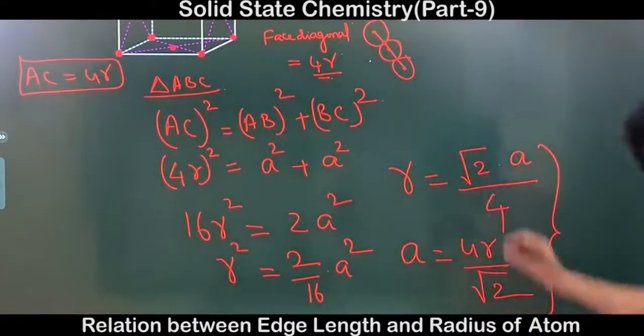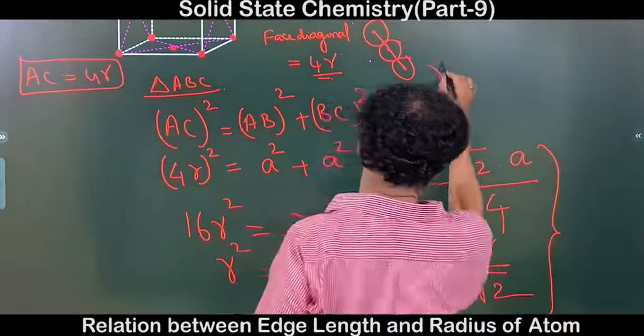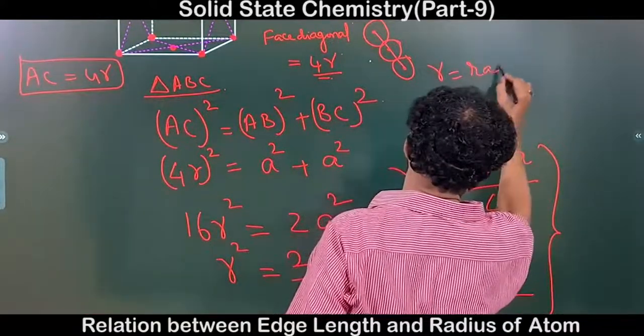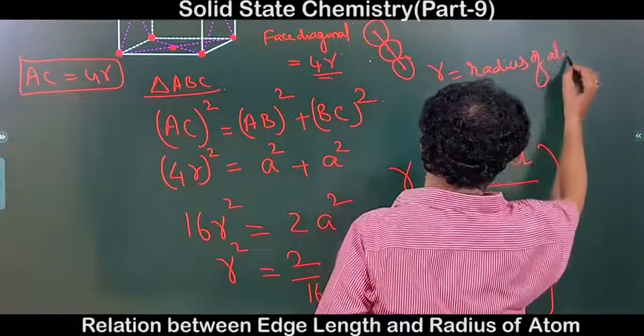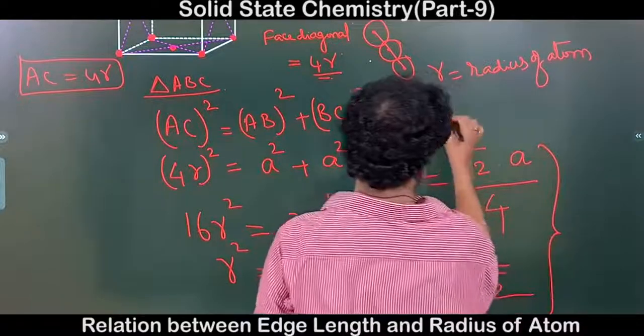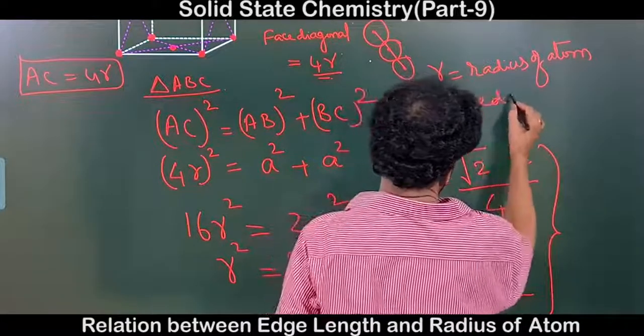As I told you, r is the radius of the atom and a is the edge length.